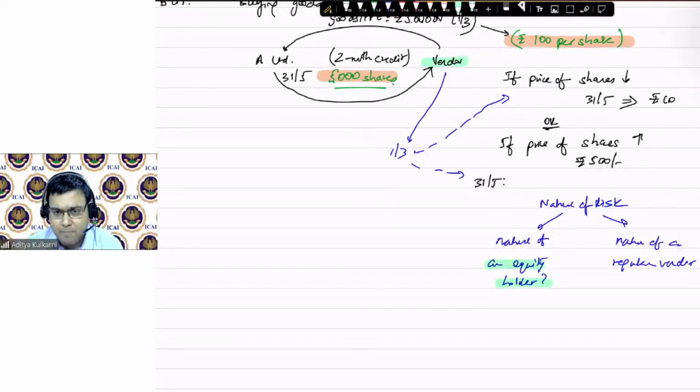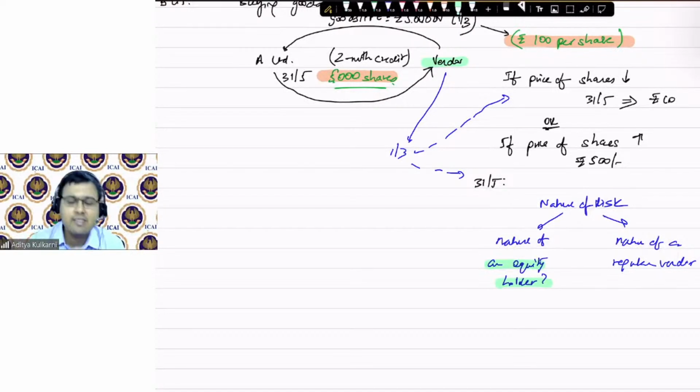Can I say that by virtue of this contract, my vendor is subjected to a risk which is at par with that of an equity holder? So can I say that my vendor is now no longer a vendor, but an equity holder?